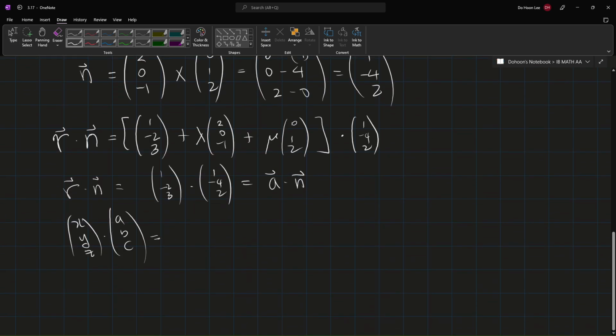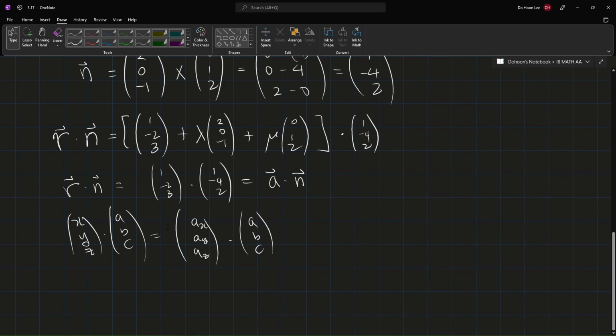So I'll write it as ax, ay, az, dot a, b, and c. Okay, so my left-hand side becomes ax plus by plus cz.